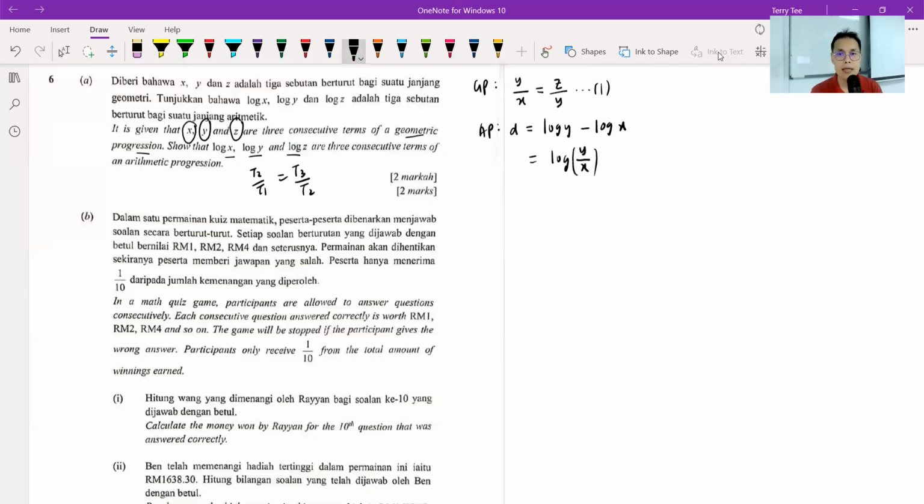This is the first common difference. The second common difference will take T3, which is log z, minus T2, which is log y. Again in logarithm, minus combines to divide, z over y. Now, since we know from this equation 1 that z over y is the same as y over x, see this again, z over y is the same as y over x.